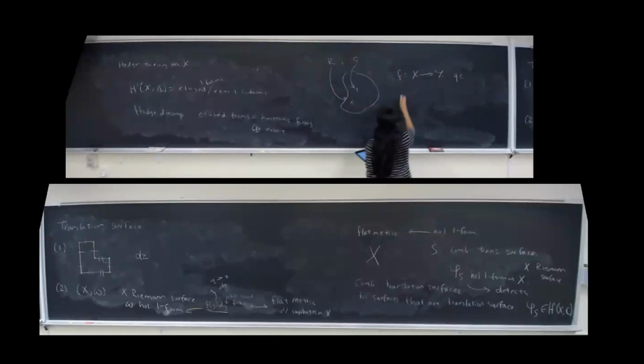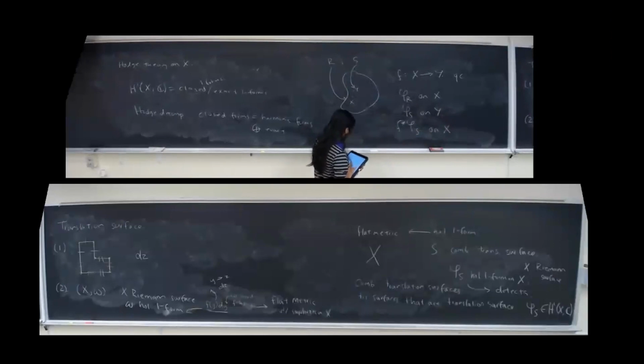Assuming these are combinatorial translation surfaces, I have a holomorphic one form on X and Y, and I can take the pullback, which is a one form on X, but not necessarily holomorphic. Now I'm going to look at the cohomology of X. This lies in the cohomology, and it also has a particular cohomology class because it's a closed form.